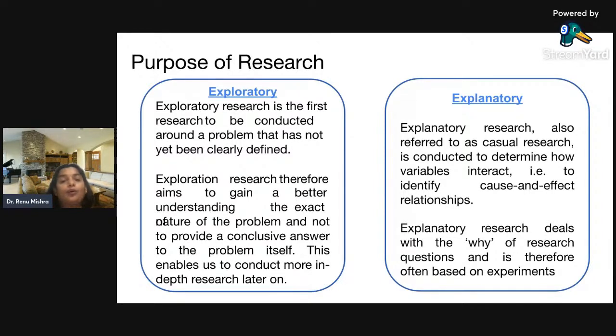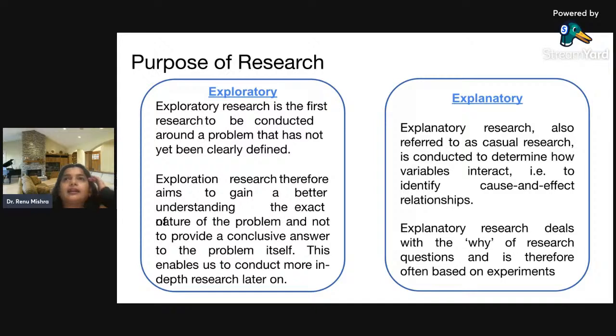Now when you're talking about the influence of that problem, the cause and effect of this problem, various relationships related to that problem, that means you are explaining it.